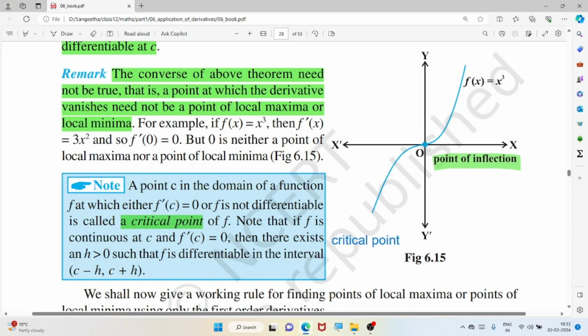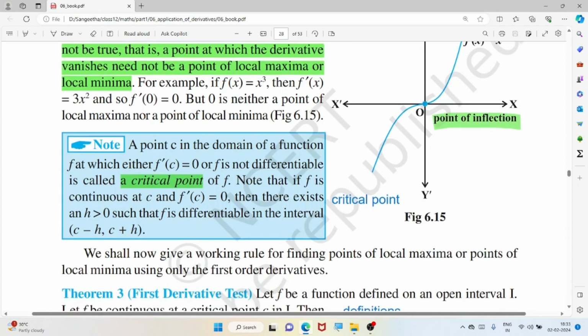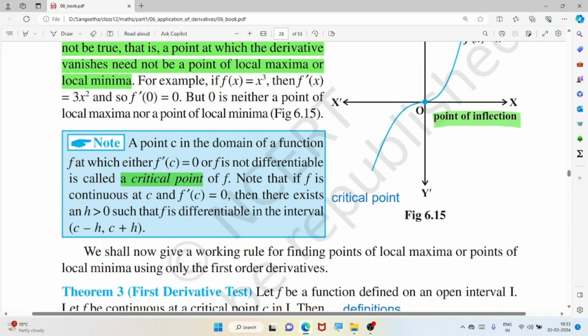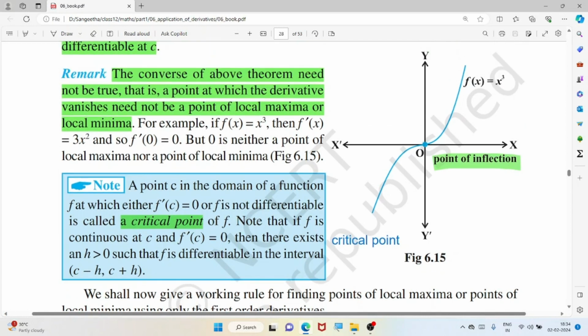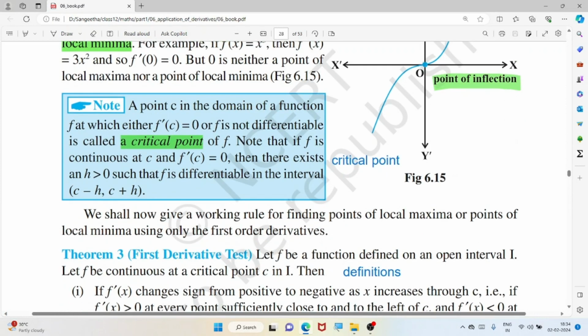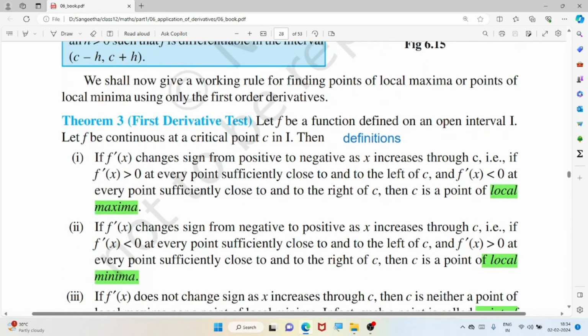Point of inflection here. A point c in the domain of a function for which f dash of c is 0 or f is not differentiable is called a critical point. Okay, f dash of c equal to 0 or f not differentiable is called a critical point. First derivative, only one differentiation.